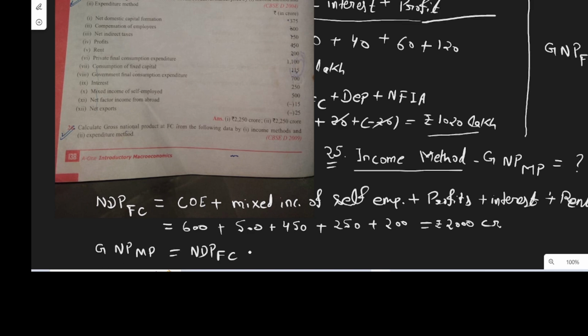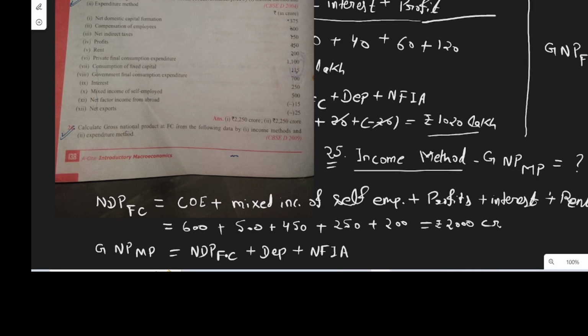Net to gross: we add depreciation or consumption of fixed capital, that is given to us. I'm writing it simply depreciation. You can write consumption of fixed capital as well. Domestic to national, we add net factor income from abroad. We are given net factor income from abroad, which we write in abbreviated form as NFIA.